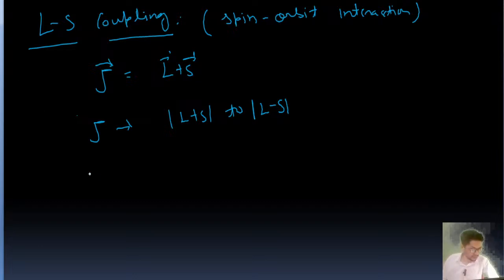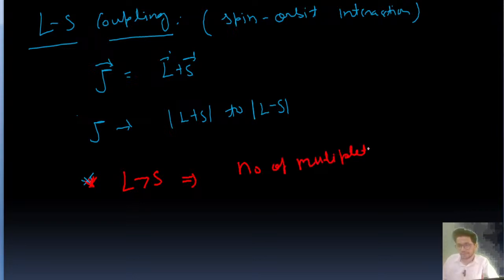Here you need to understand an important point. If L is greater than S, then the number of multiplets is going to be 2S plus 1, whichever value is less.